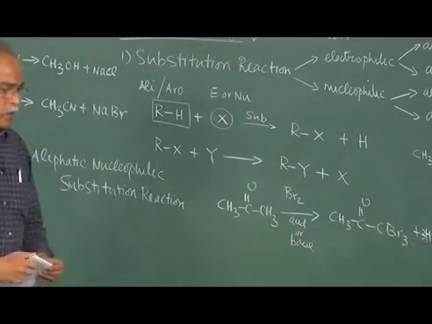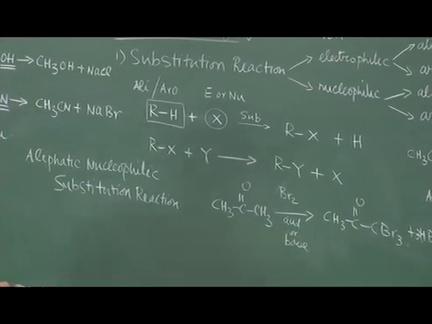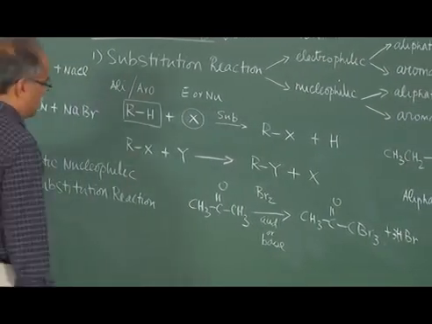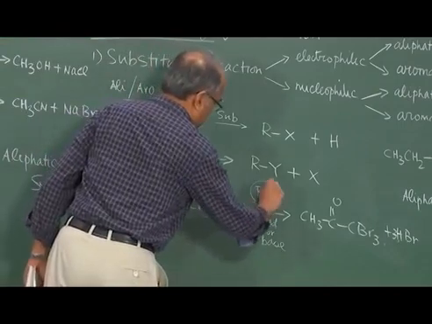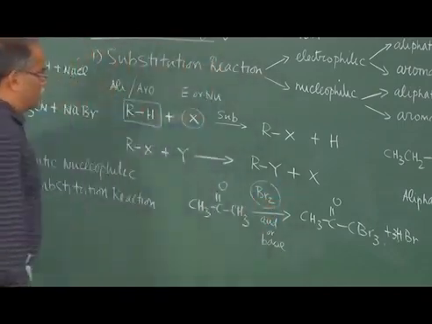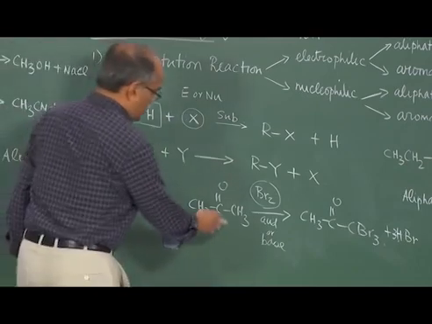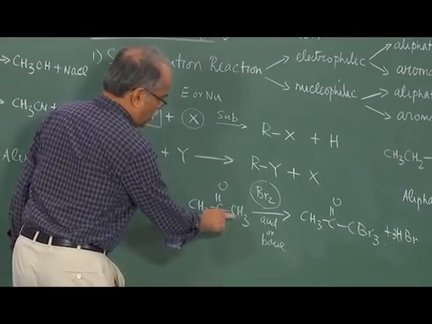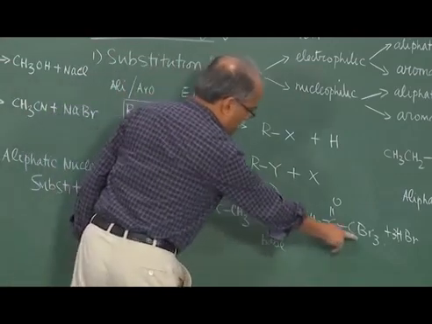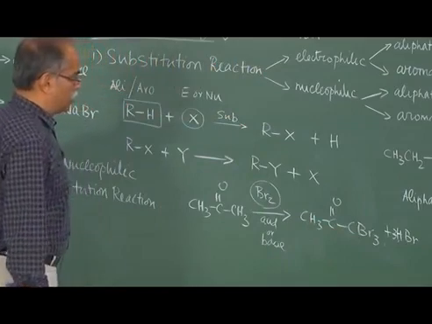Let us not worry too much about the reaction mechanism. What is important to understand is that the reagent is an electrophilic reagent, a halogen, which is electron deficient because of its electronegativity. So, it reacts with the acetone. The replacement of the CH bond by bromine is the substitution reaction that we are talking about.